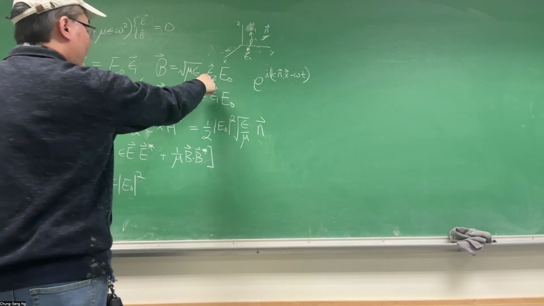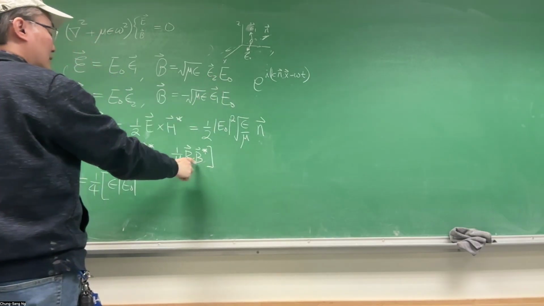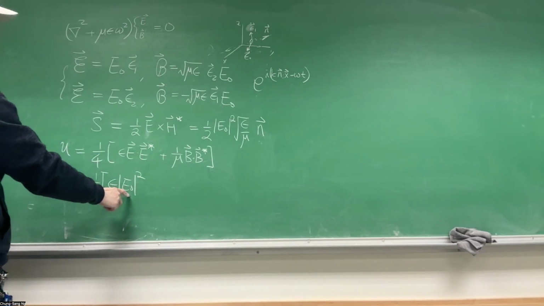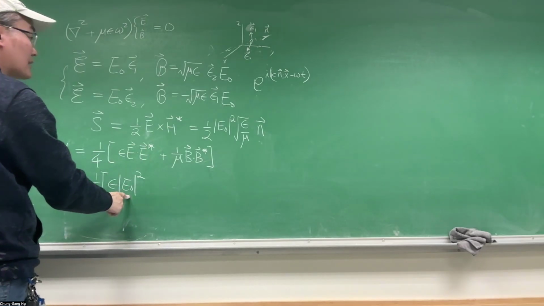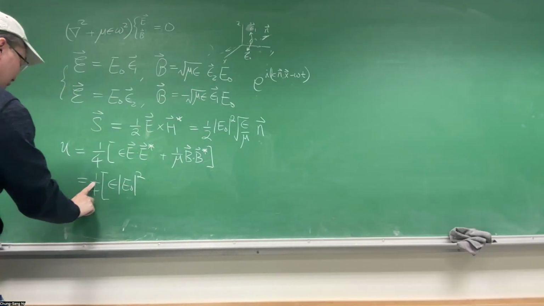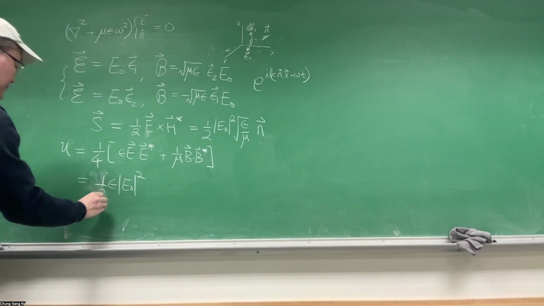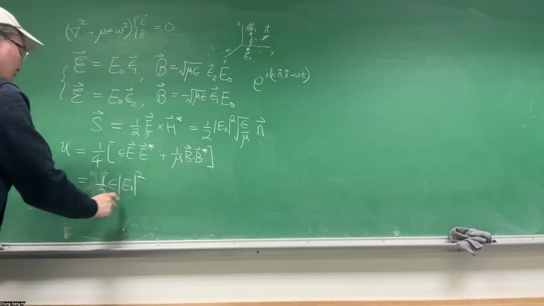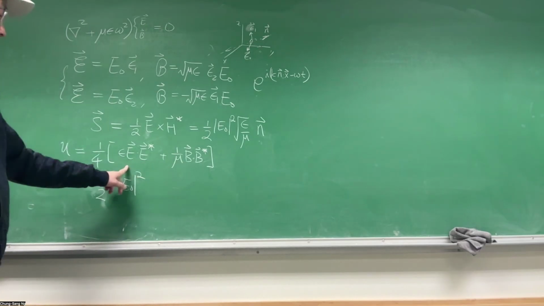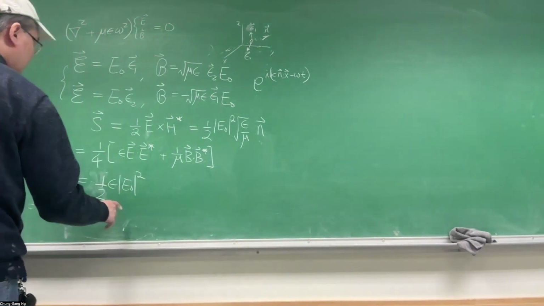And then you have this E sub 0 dotted into itself, and the complex conjugate becomes the magnitude squared. So this term will recover exactly the same term, so you change it to 1/2. Both terms will give you the same energy density. Okay, so that is 7.40.